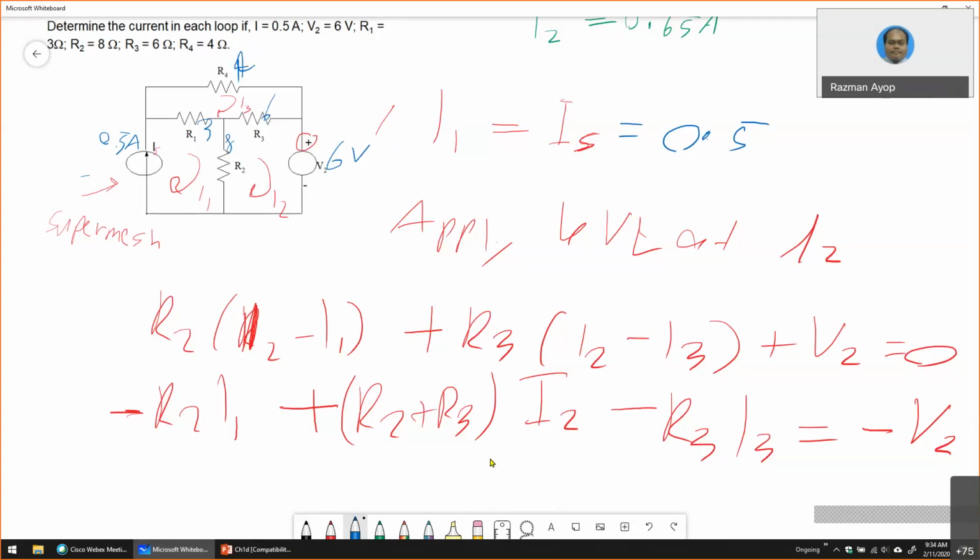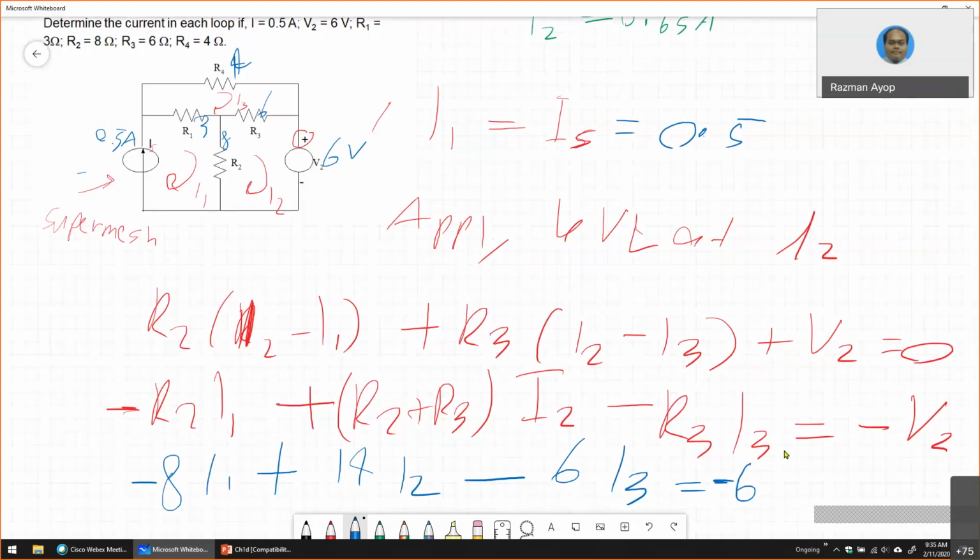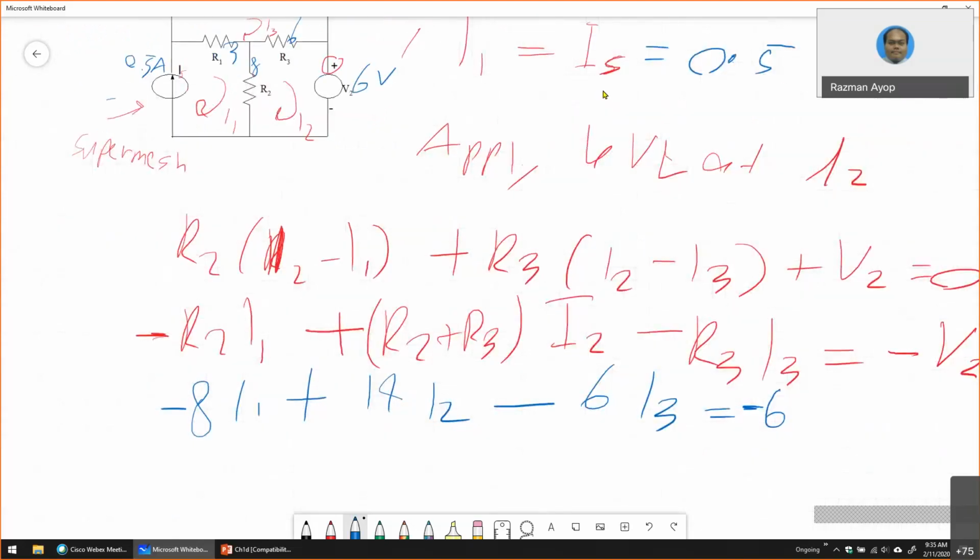So negative 8 I1 plus (R2 plus R3) 14 I2 minus R3, which is 6, I3 equals to negative V2, negative 6. Remember that you already obtained the super mesh, I1 is 0.5.